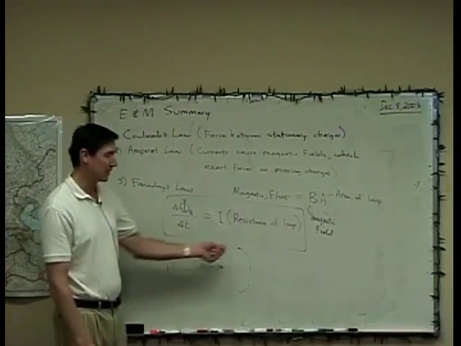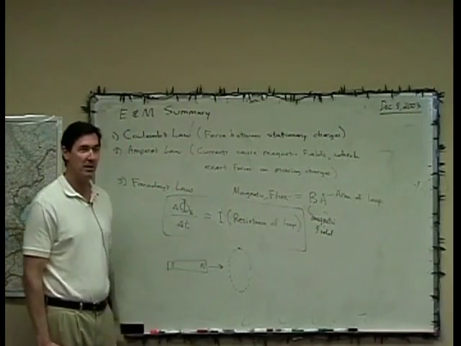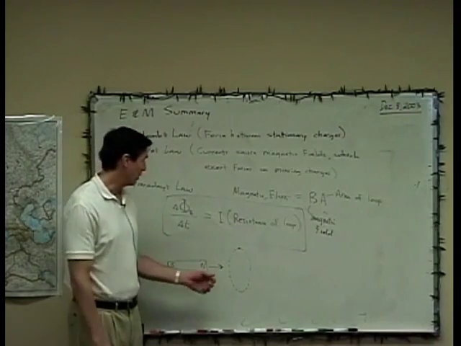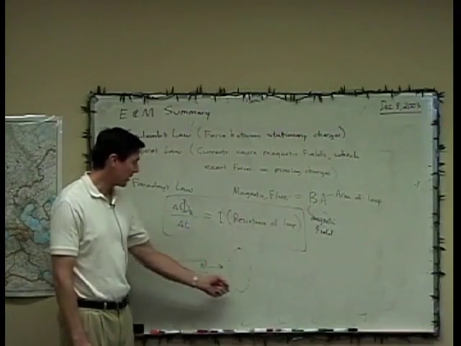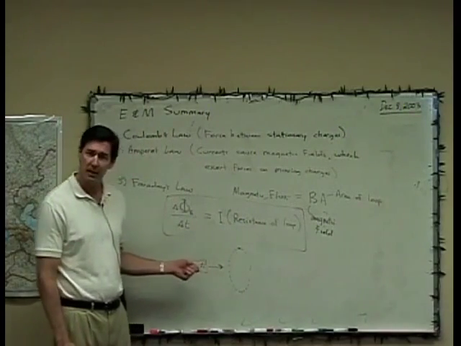So we could have a little pith ball that had been charged up with an electric generator. But if it's free to move, it will start moving as soon as you move this magnet.